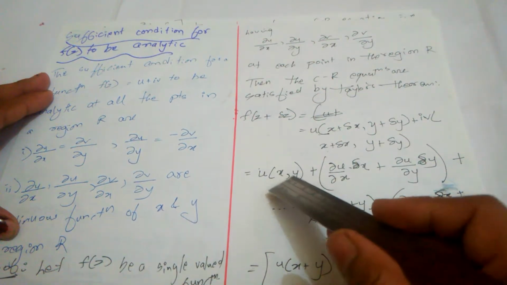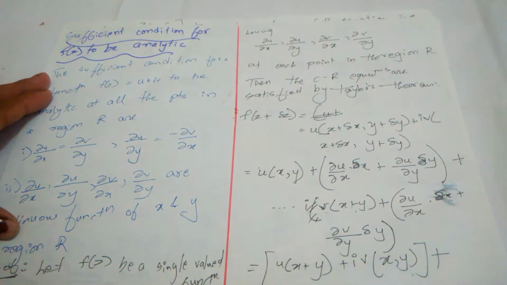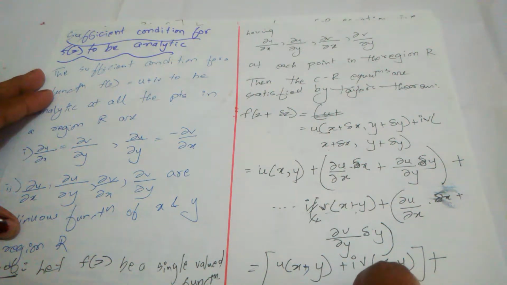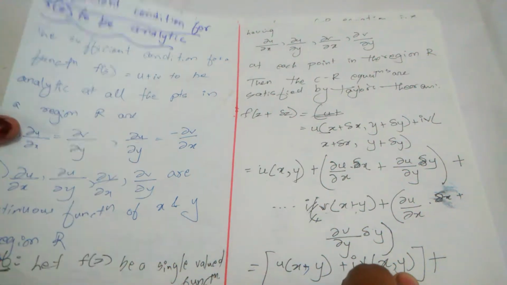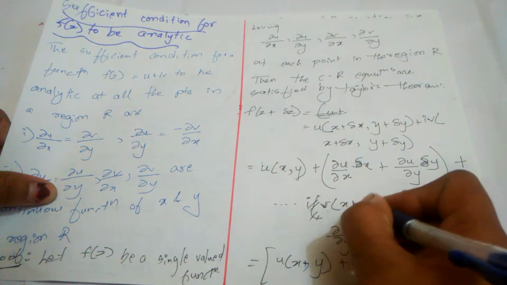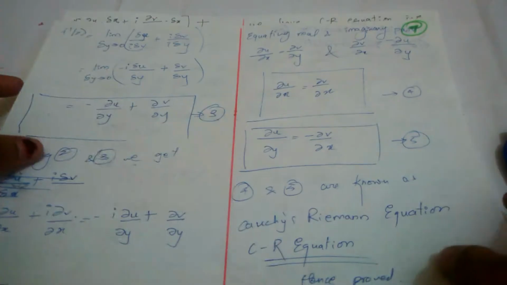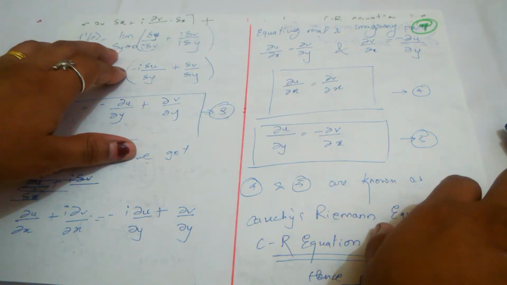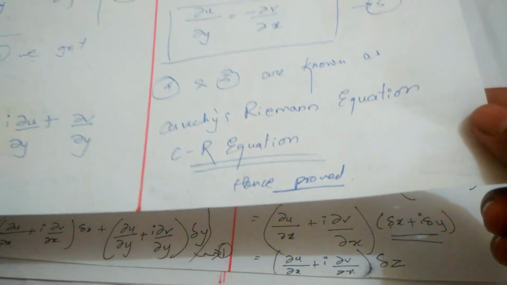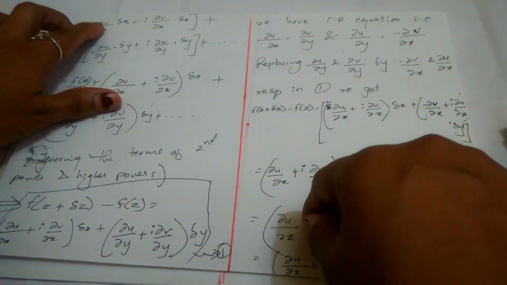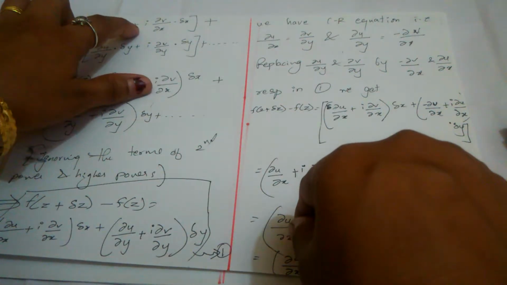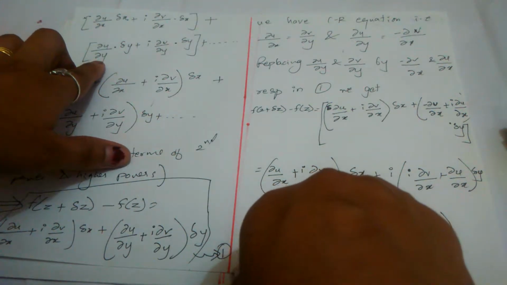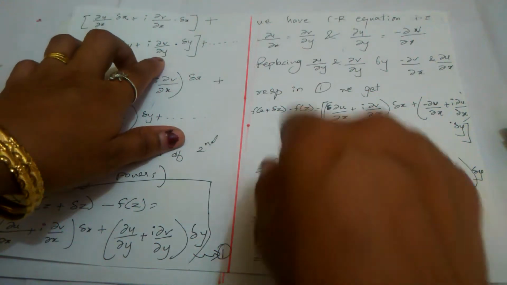So we are getting u(x, y) plus iv(x, y), which is f of z, plus ∂u/∂x plus i ∂v/∂x into delta x, plus ∂u/∂y plus i ∂v/∂y into delta y.